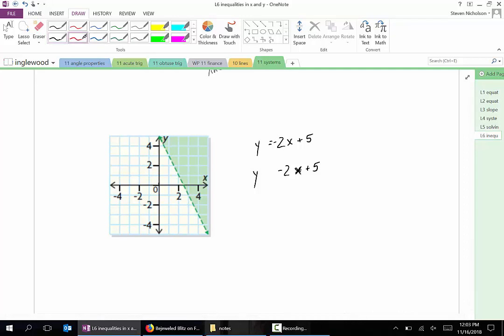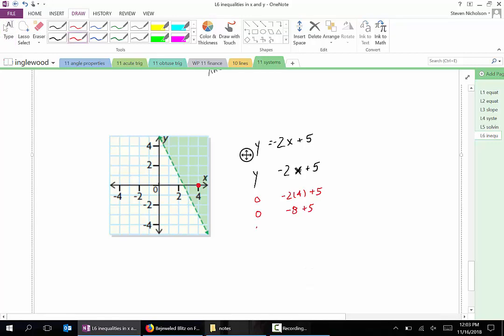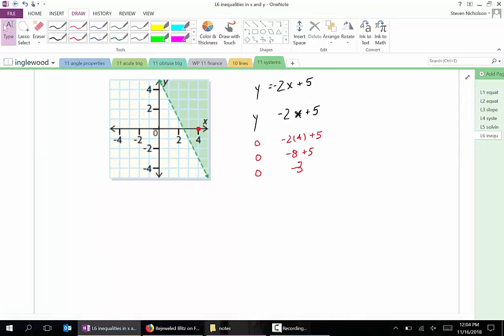It doesn't matter what it is, so I'm going to pick this one right here. Again, it doesn't matter. I'm going to pick (4, 0). And what I'm simply going to do is substitute that in, simplify that, and then put in the proper inequality.